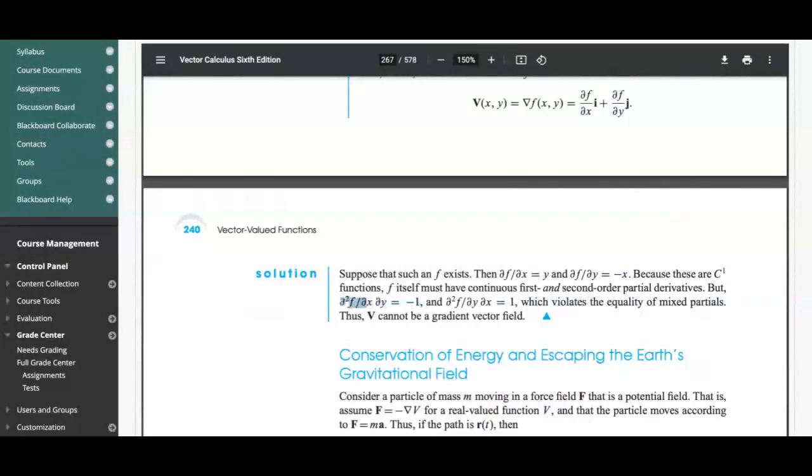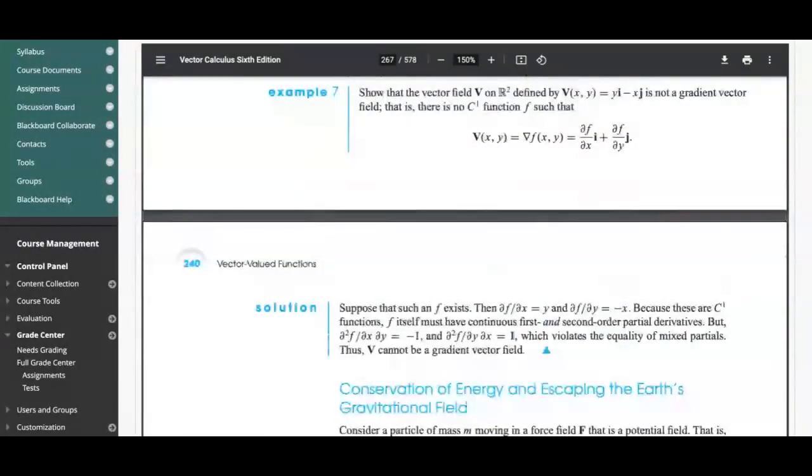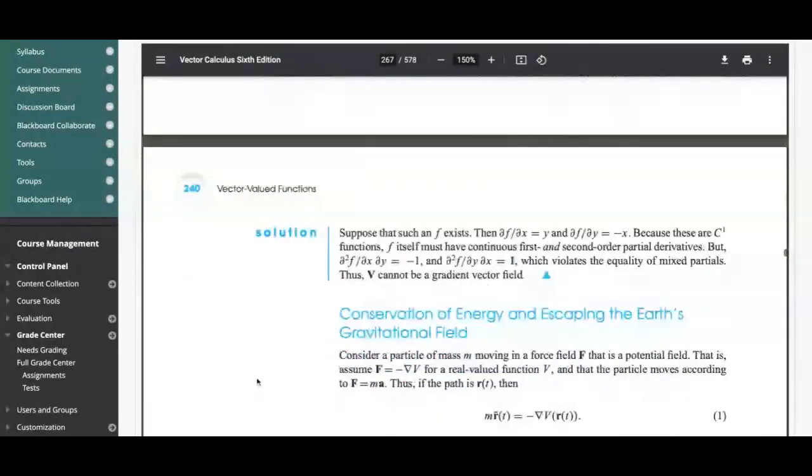But if we calculate the partial squared f over partial x partial y, we get -1. If we calculate the partial squared f over partial y partial x, we get 1. So -1 and 1 are not equal to each other. So that's why it cannot be a gradient vector field. A cute counterexample.